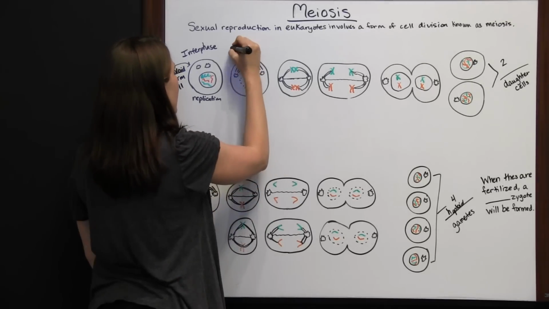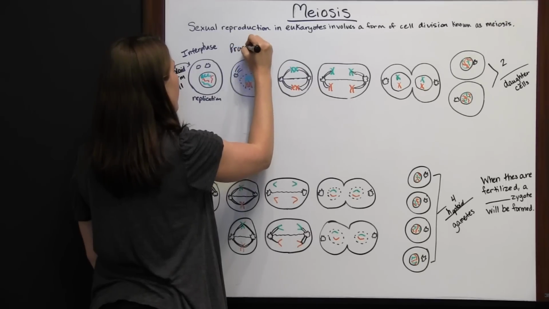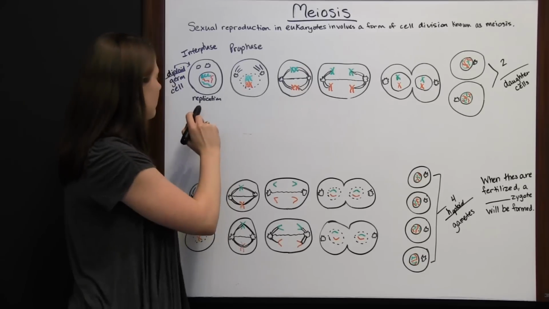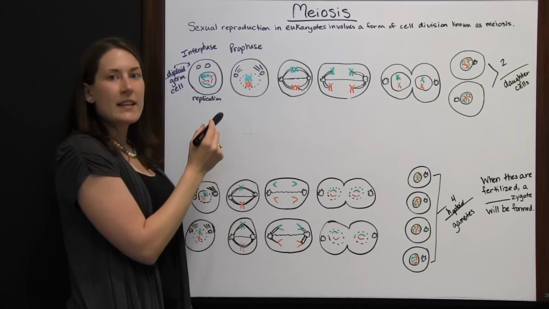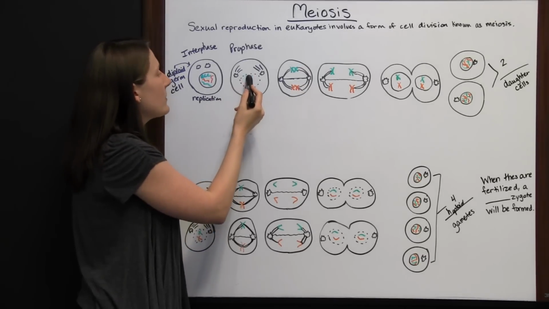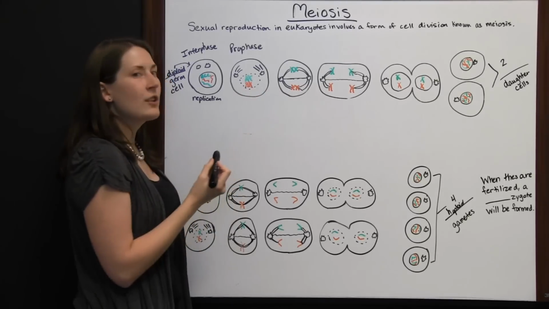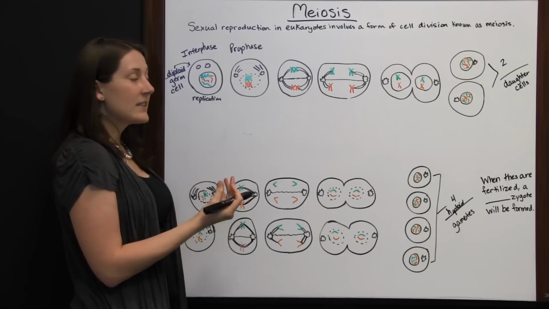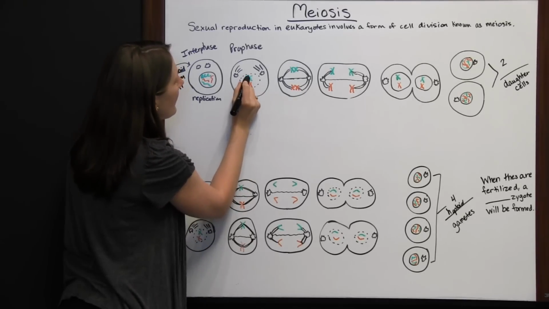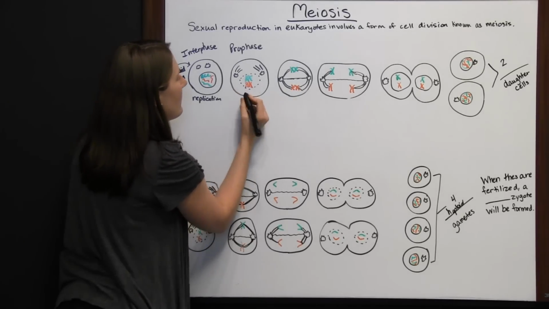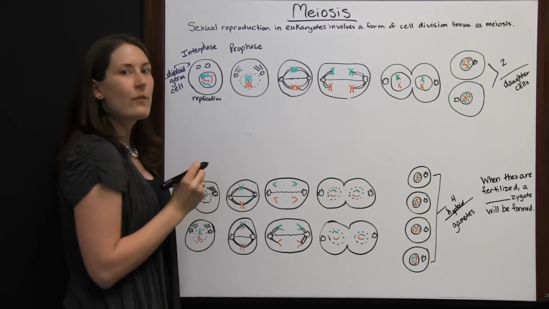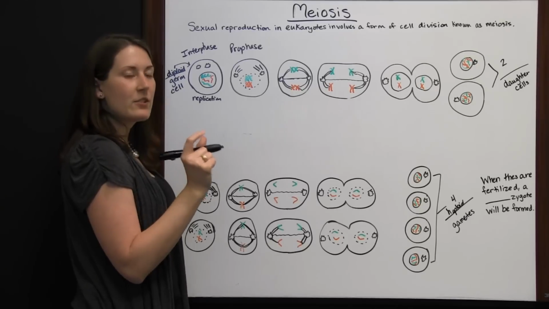In the next phase, we have prophase, and the replicated genetic material is going to line up in homologous pairs, which means that each one is the same genetic material. It's an exact copy, and they're going to cross over a little bit at these points here, and where there's crossover, they kind of swap a little bit of genetic material.